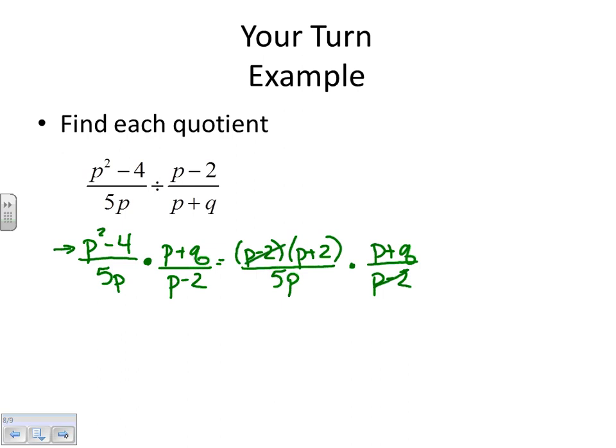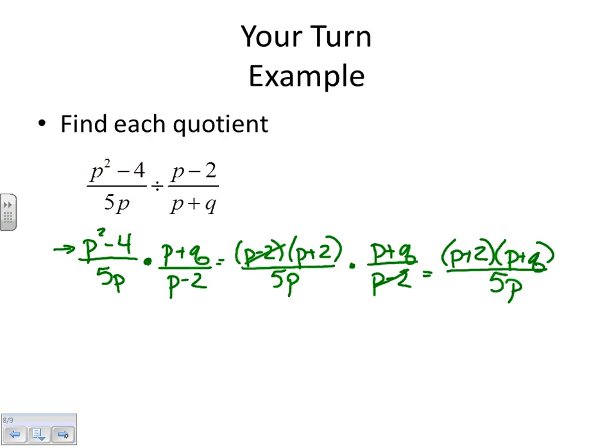And we're going to simplify here. And we are left with (p + 2) times (p + q) all over, what's left over here, 5p.